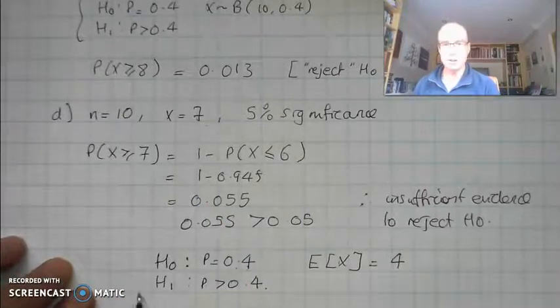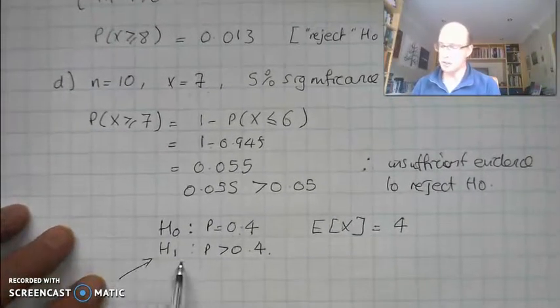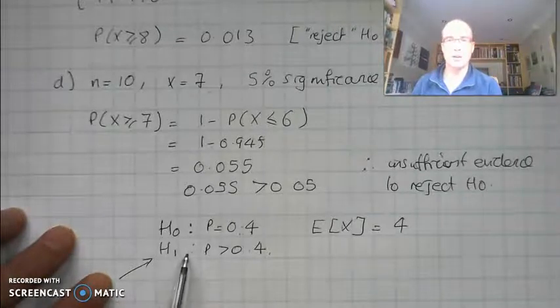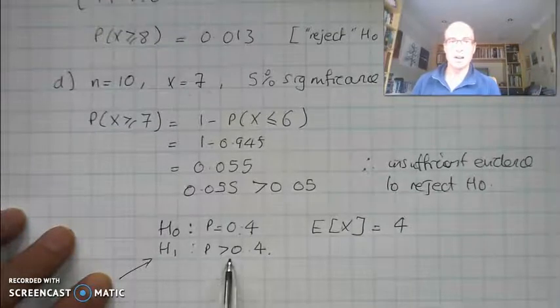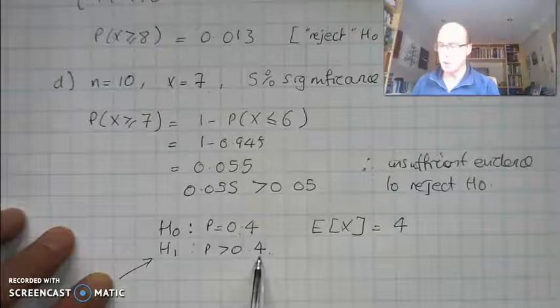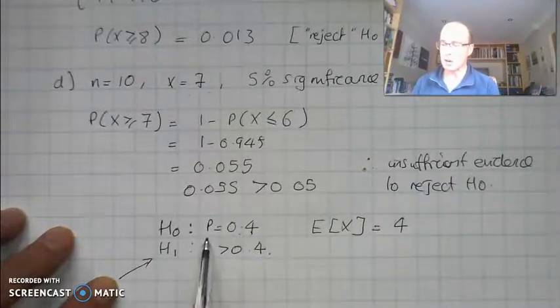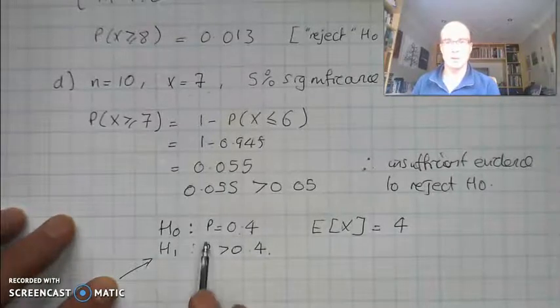So this piece of evidence, x equals 7, provides more evidence to support H1 than it does to support H0. I've got 7 rather than 4. So chances are p is probably bigger than 0.4. But it's not providing me enough evidence to categorically get rid of my null hypothesis H0.